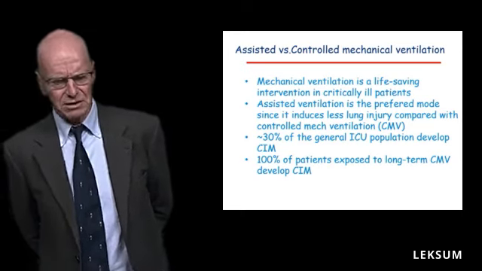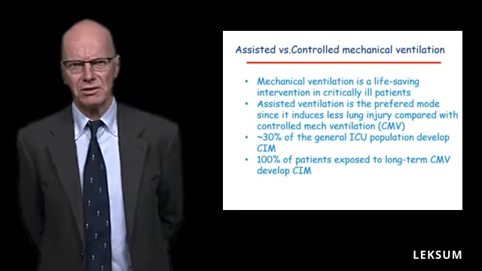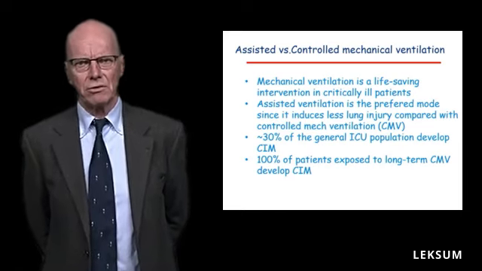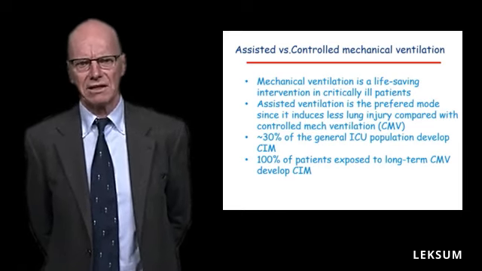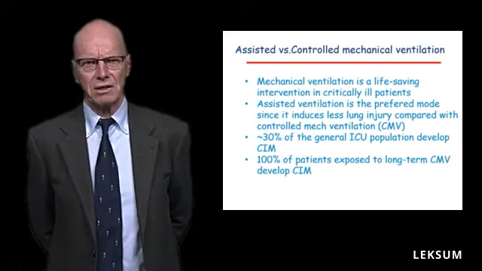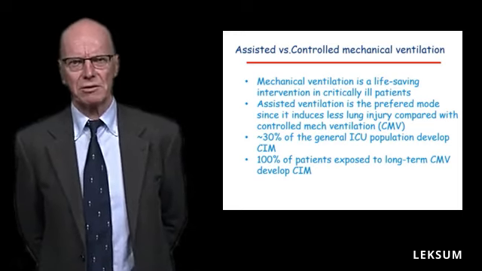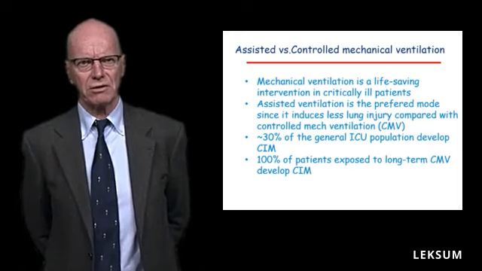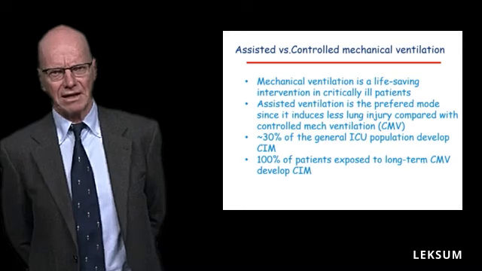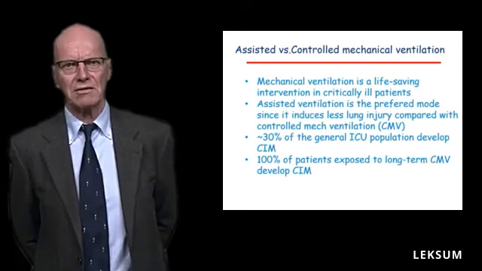We have in 2 independent studies looked at neuro ICU patients who do not have this central drive, where we have to use controlled mechanical ventilation, where the ventilator controls ventilation completely. In both these studies, all patients develop this critical illness myopathy with preferential myosin loss. And I think this is related to the lung injury induced by the mechanical ventilation.